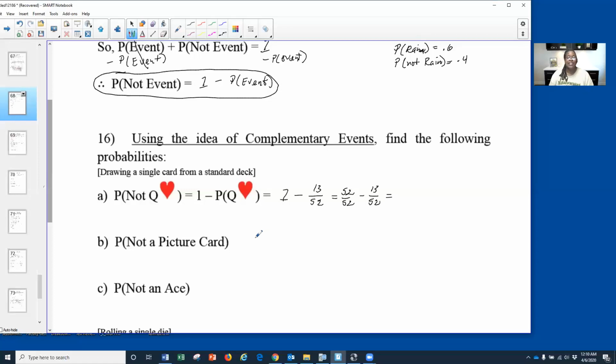Look and see what I did. The problem asked me for what? It says the probability of not a queen of hearts. Did the problem say not a heart? Didn't do that. It says specifically a queen of hearts. So now, how many queen of hearts do we have?